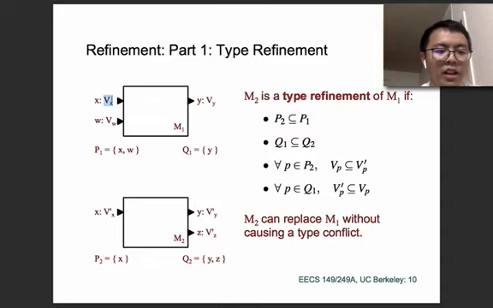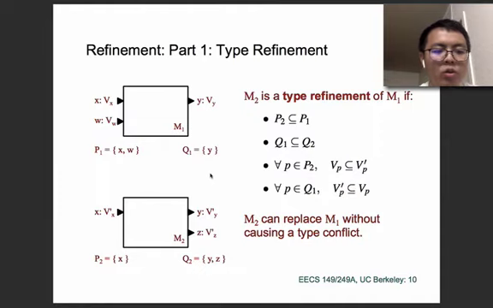It just means that our substitution machine M2 can handle more inputs than the original machine. If V sub X prime is smaller, that means there are some inputs of the original machine M1 that M2 cannot handle. And then let's focus on the output.